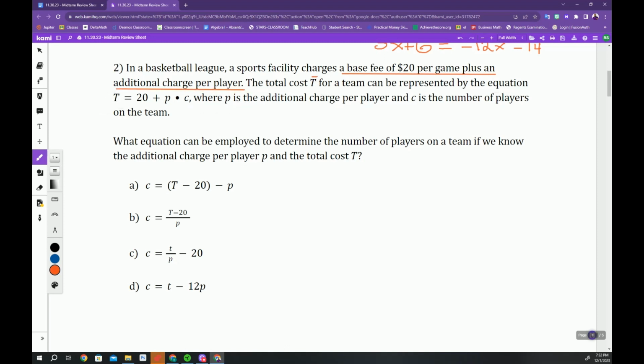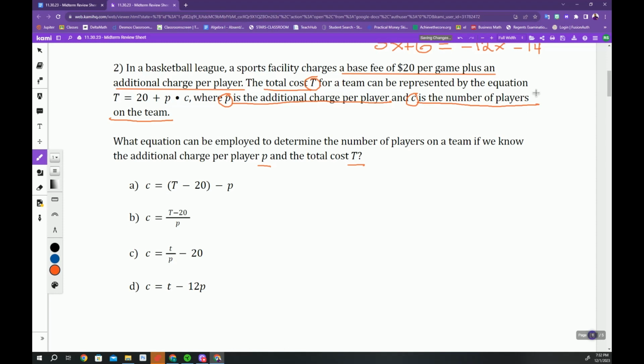The total cost T for a team can be represented by the equation T equals 20 plus P times C, where P is the additional charge per player and C is the number of players on the team. What equation can be employed to determine the number of players on a team if we know the additional charge per player P and the total costs T?